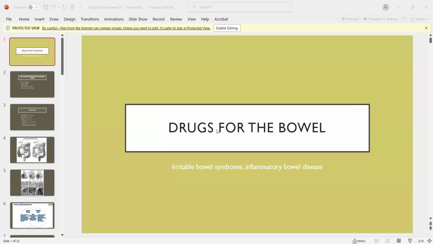Alosetron, or Lotronex, is a serotonin 5-HT4 receptor agonist. Now, this drug was originally taken off the market.